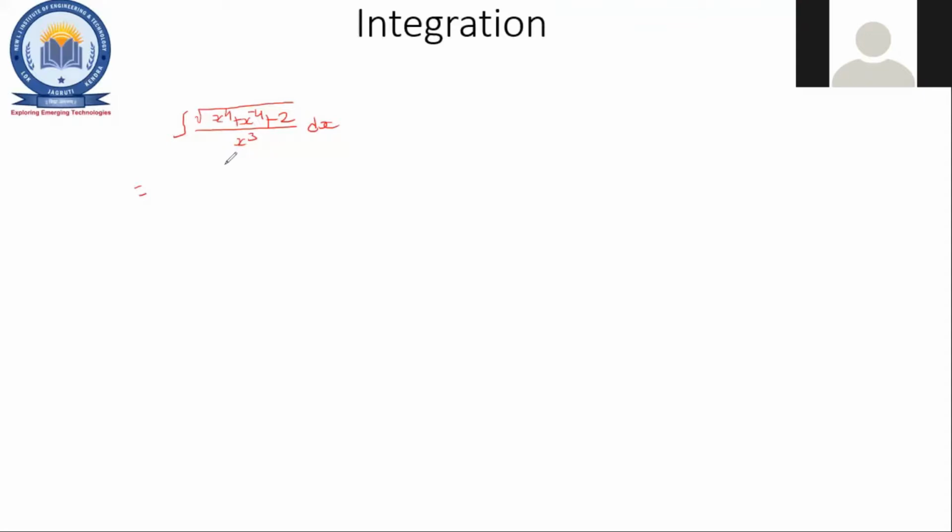Ma'am, under root x raised to 4 plus x raised to minus 4 plus 2 by x raised to 5. Here it's x raised to 3, right? It's divided by 3. Here it's a 3.